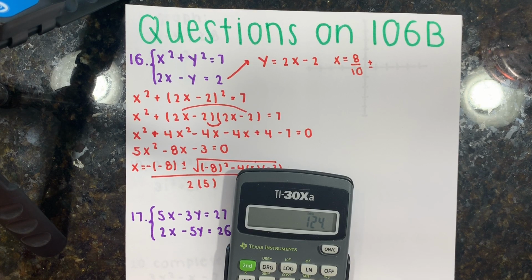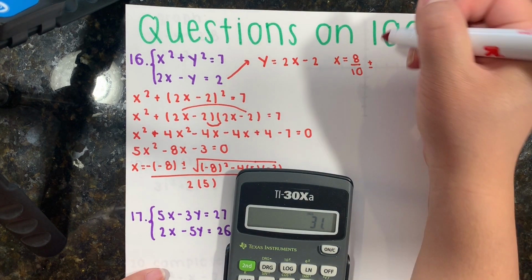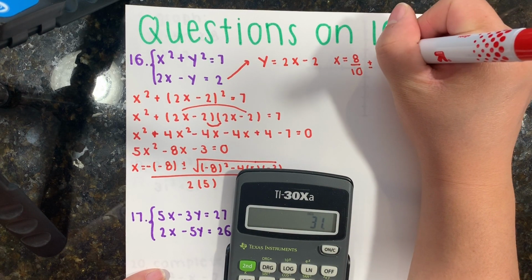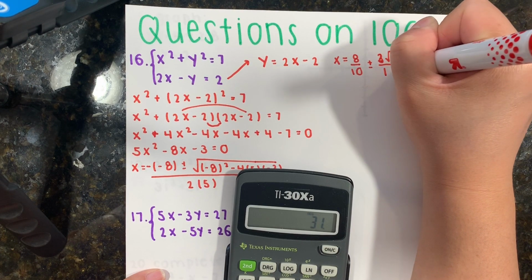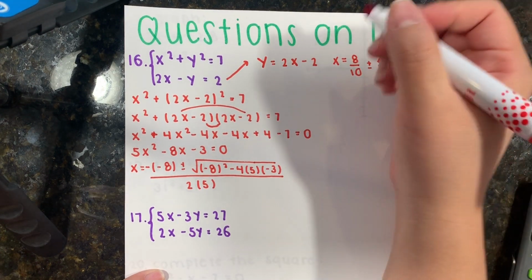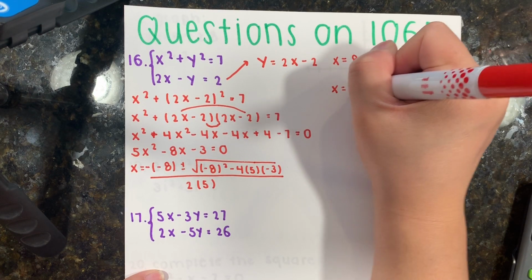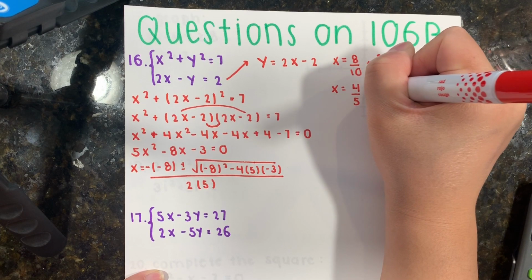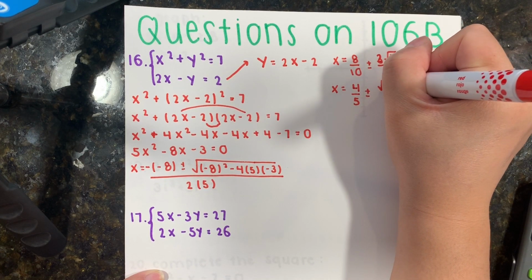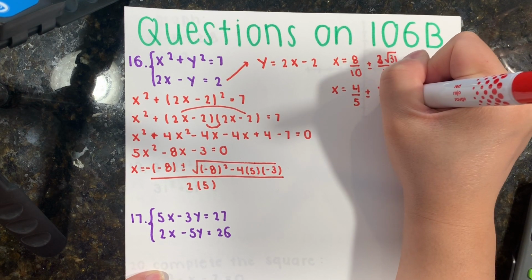The square root of 124, I could divide that by 2, which would be 2 square root 31 over 10, meaning that my result for x is going to be equal to 4 over 5 plus or minus the square root of 31 over 5.